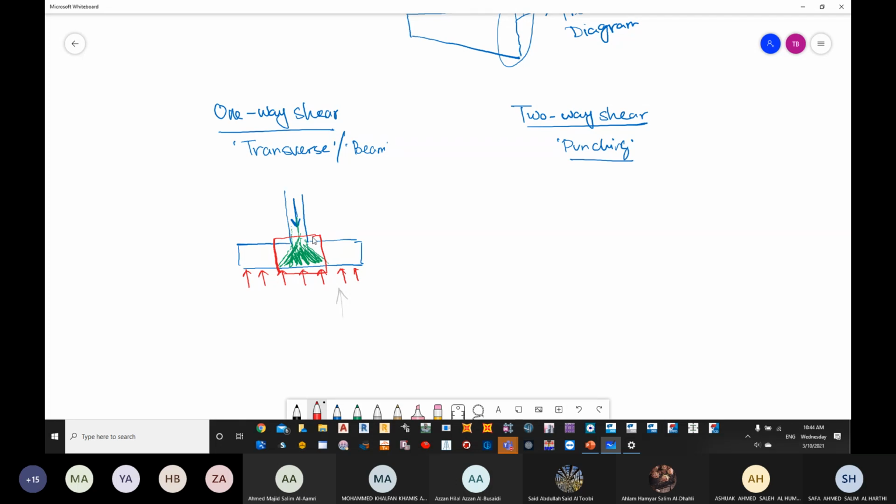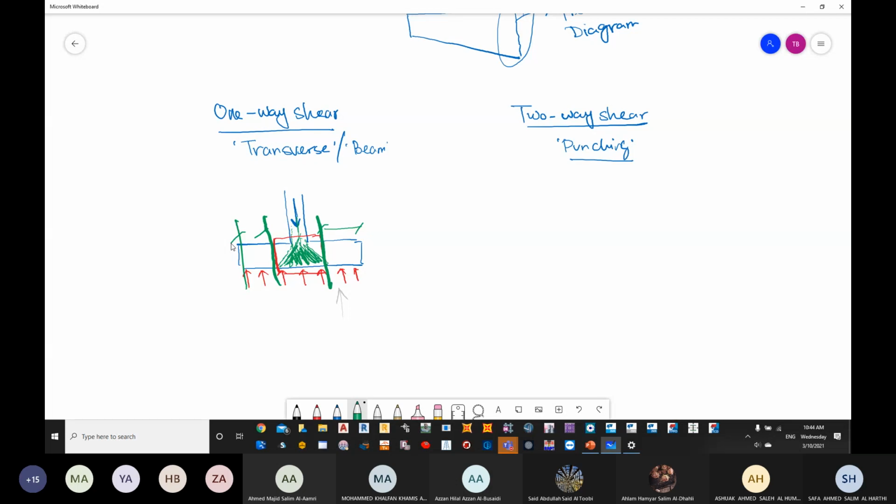Okay. So the code says the easy part to be cut is this portion from here to here and from here to here. These are very easy parts to be cut.